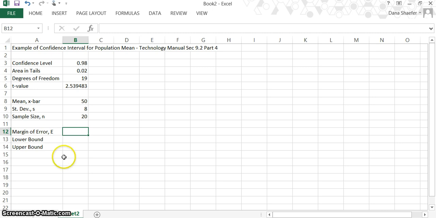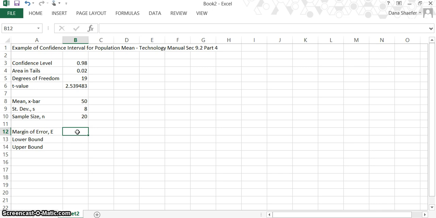We're going to use our formula again. In this cell, I'm going to take that t-value and multiply it by the standard deviation divided by the square root of the sample size.